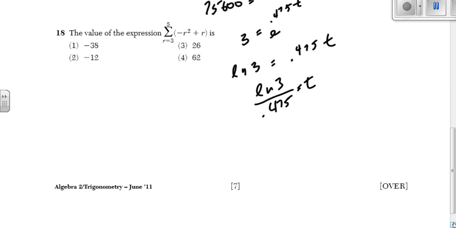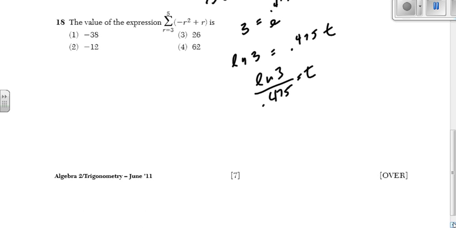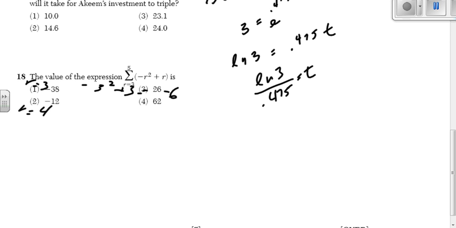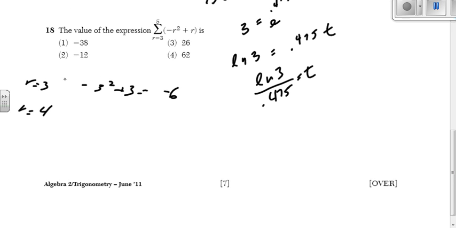The value. So for a summation question, we're going to plug in r. So I'm going to start when r is equal to 3. So you have negative 3 squared plus 3. That's equal to negative 6. r is equal to 4. 4 squared plus 4.